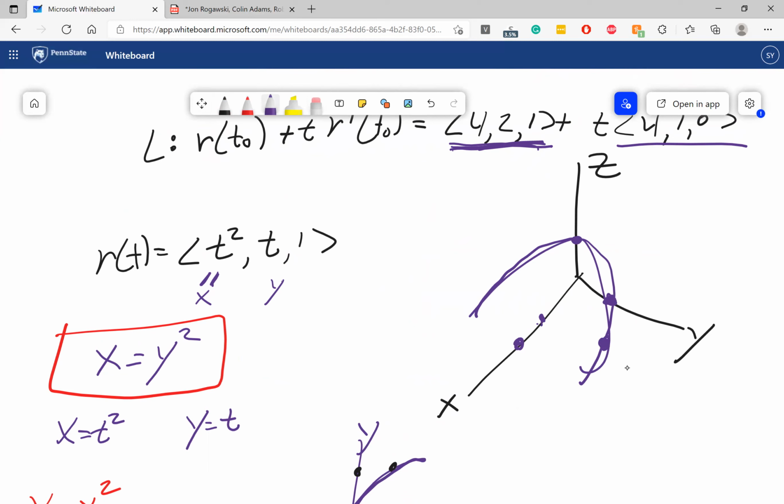And then you just draw a line, and that's this line. And the vector tangent to, parallel to, this line is this vector over here. Any questions? Okay. So let's continue.